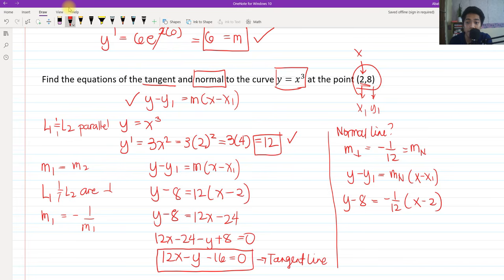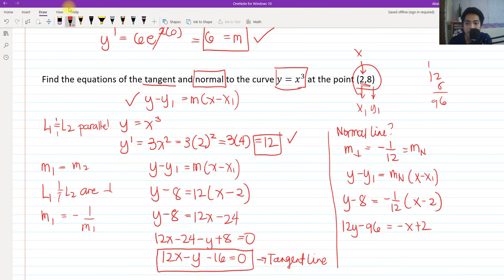Okay, so simplify. So we have 12y minus 12 times 8. 12 times 8 is 96. And then distribute the negative 1 here, so this becomes negative x, then positive 2.